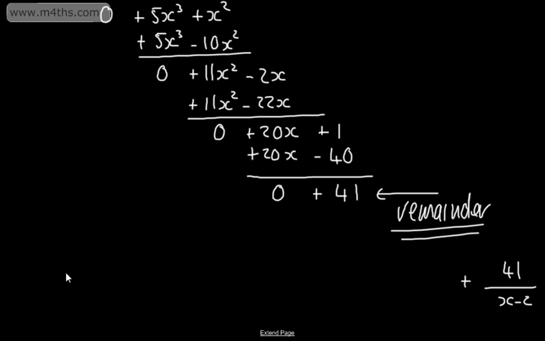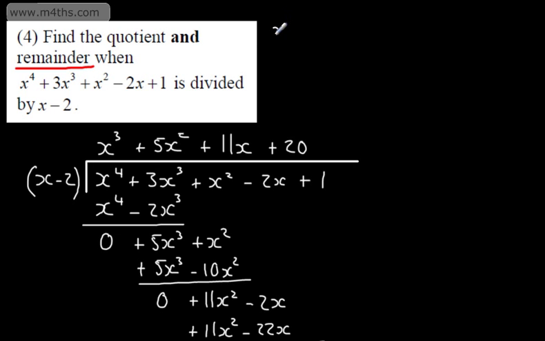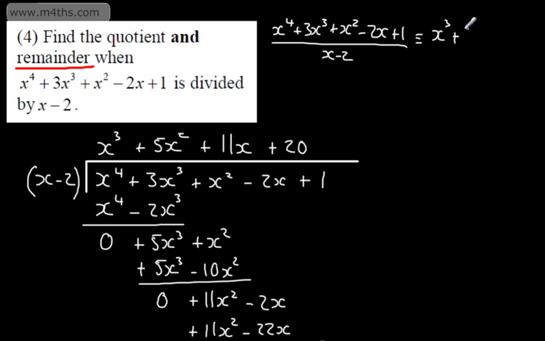If we wanted, let's just write it here: x to the fourth plus 3x cubed plus x squared minus 2x plus 1 divided by x minus 2 gives us the identity of x cubed plus 5x squared plus 11x plus 20 plus the remainder, which is 41, so plus 41 over the original divisor, which was x minus 2.